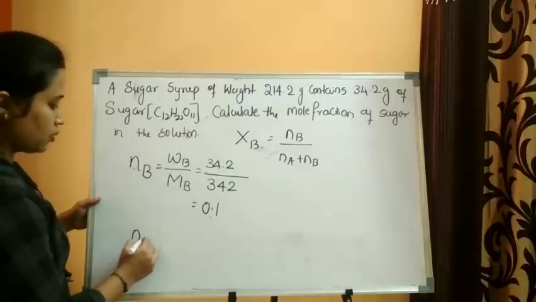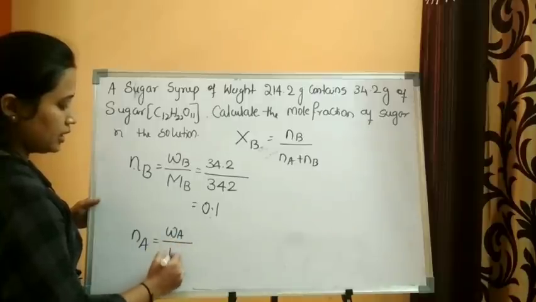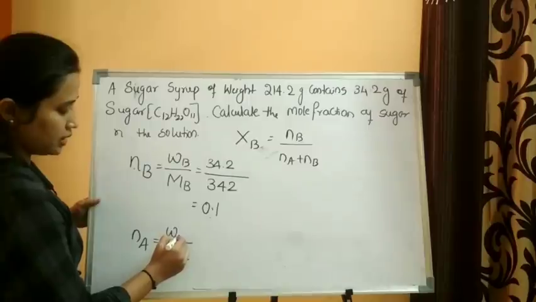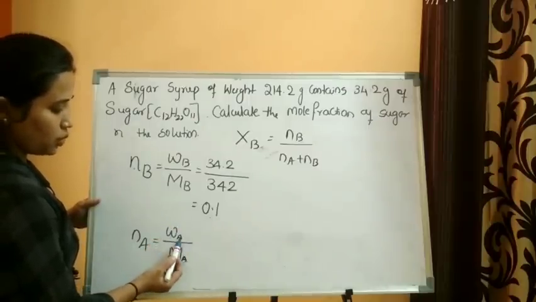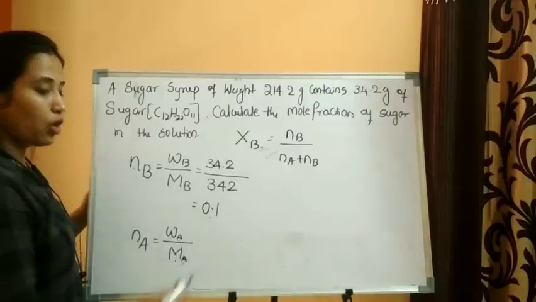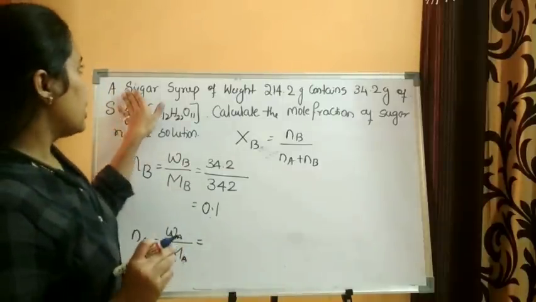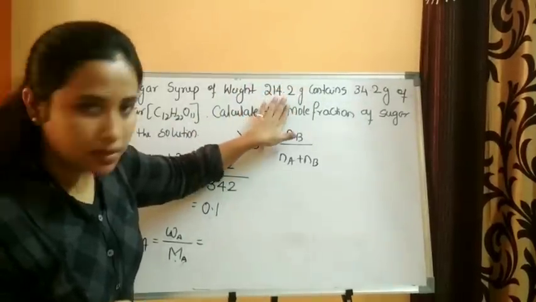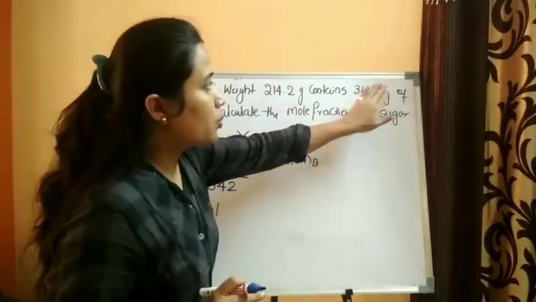Similarly, find the number of moles Na. That is Wa divided by Ma, weight of the solvent and molar mass of the solvent. Write this a in small letters so that you can understand. The solvent here is water. What is the weight of the solvent? They have given a sugar syrup whose total weight is this much, and in that, 34.2 gram is sugar.